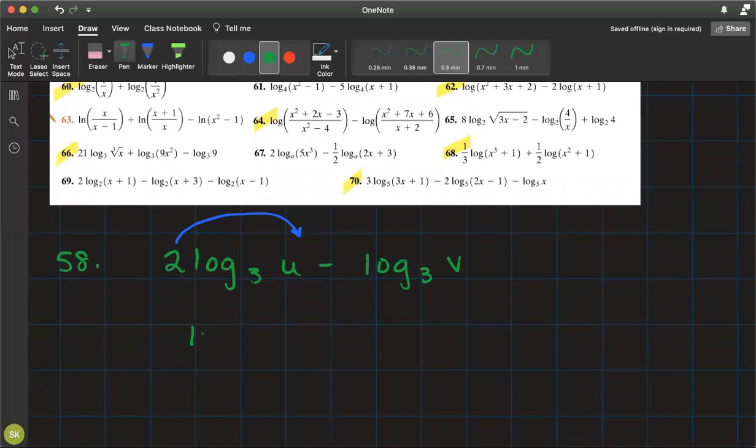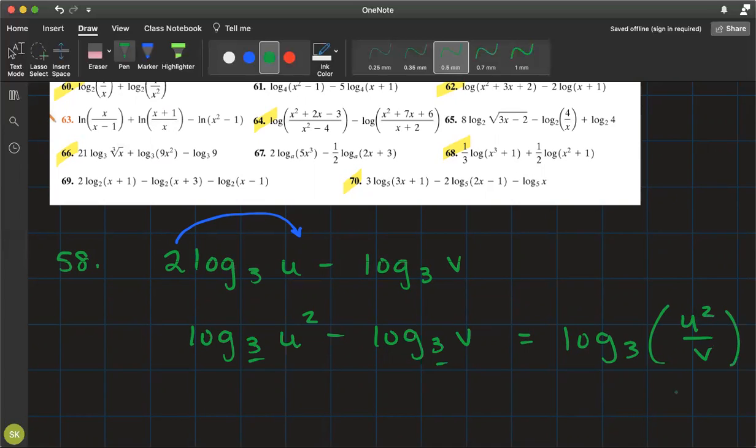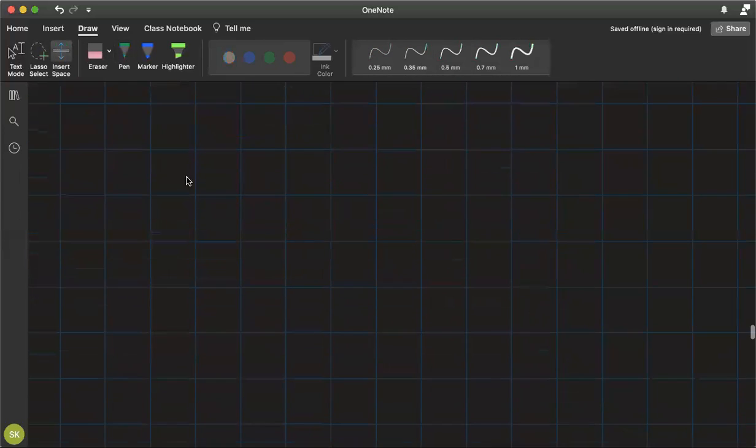So this is log base 3 of u squared minus log base 3 of v. And as long as these bases are the same, if you see subtraction on the outside, it becomes division on the inside. So now I've written it as a single log. This takes a lot of practice, you know. Sometimes it's not easy to see what you have to do.